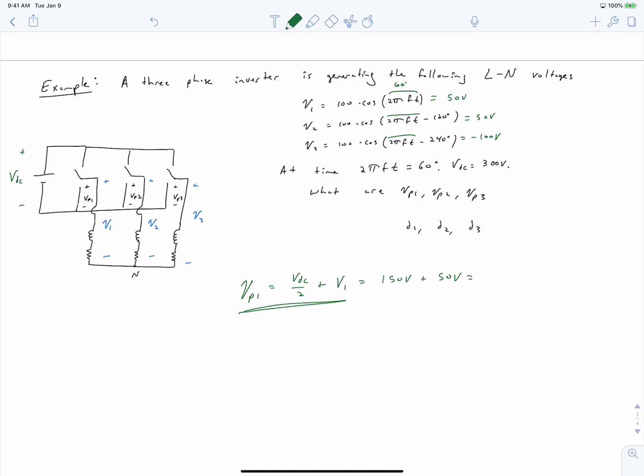So we end up with an output pole voltage of 200 volts, which we can convert to a duty ratio of 2/3. We can repeat the same exercise for pole 2 and pole 3. So clearly pole 2 is going to be the same as pole 1, so you're going to have 200 volts and a duty ratio equal to 2/3.